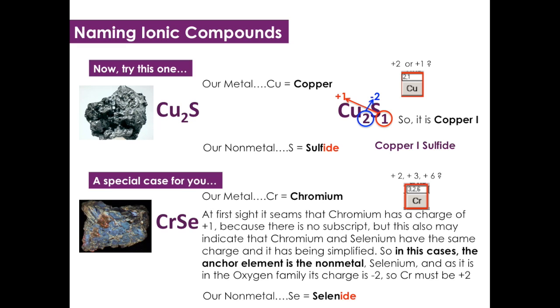So in these cases, the anchor element will be the non-metal, selenium in this case, and as it is in the oxygen family, its charge is -2. So chromium must have the same charge but positive, and that will be +2. Let's take a look. -2, +2. Crossing out these charges, that will be a double 2, that if we simplify them, we will get the same formula. Remember, 1 is not written, and the name will be chromium 2 selenide.